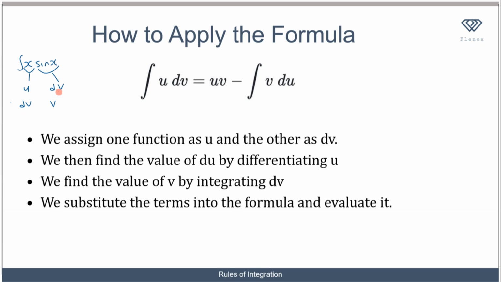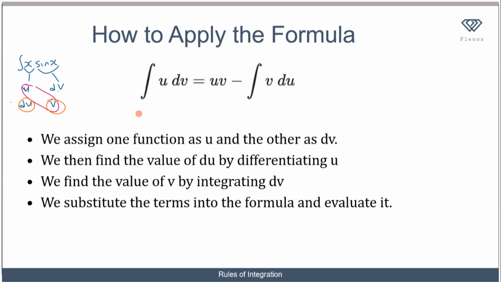We can now substitute all these terms into the formula: multiply u times v, minus the integral of v times du. That is how we apply the formula for integration by parts.